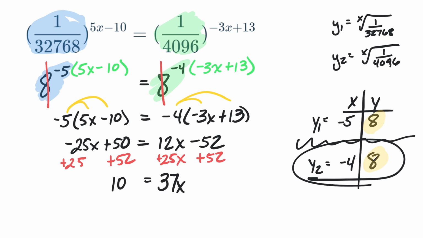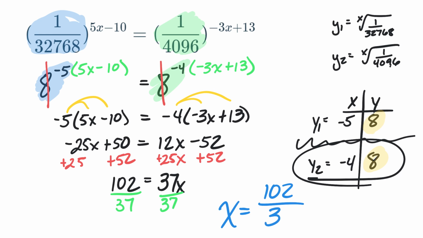This equals 102. So the final step here is to divide by 37. And we learn that x is equal to 102 over 37. And that number actually does not reduce any further. So that's going to be our answer.